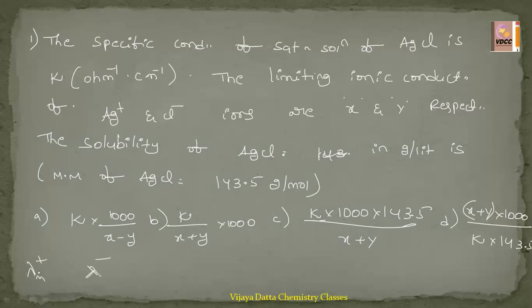Lambda Ag plus is given for the cation as X, and lambda Cl minus is given for the anion as Y. So they are asking to calculate the solubility of AgCl in grams per liter. Okay, let us see the solution, how to do this type of problems.